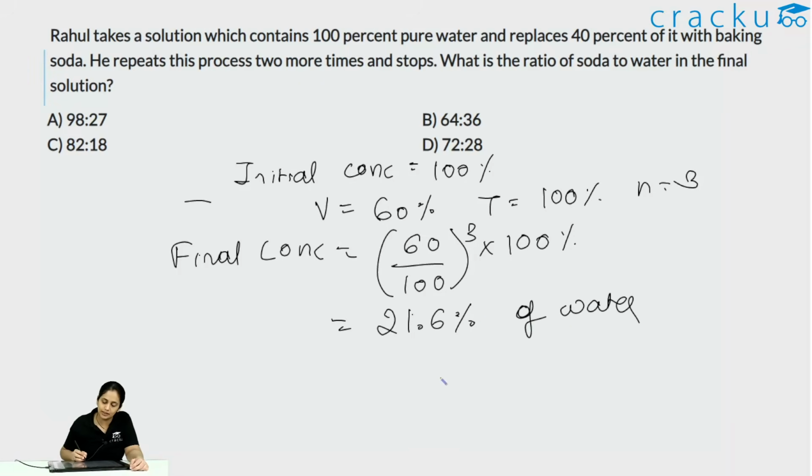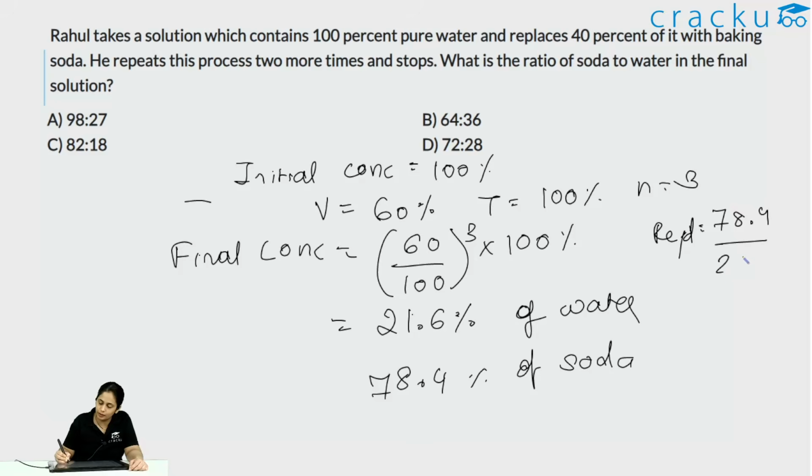Out of 100%, if 21.6% is water, then soda will be the remaining 78.4%. So what is the ratio of soda to water? The required ratio essentially is 78.4 divided by 21.6.